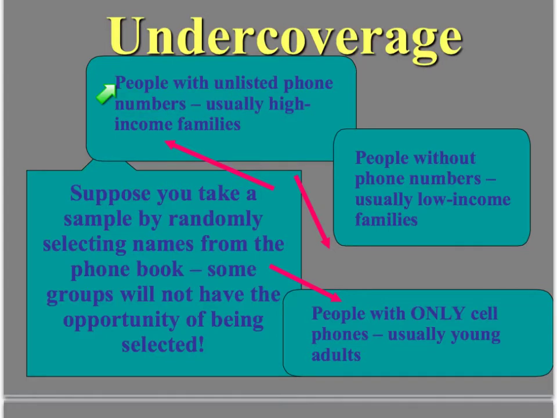Number one, because people sometimes have numbers that are unlisted, and usually these are people that are more high income. Also, you're going to have people without phone numbers at all, and sometimes those are usually low-income families. Or people with only cell phones, which are not going to be listed in your traditional phone book.